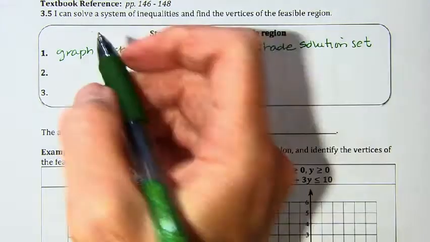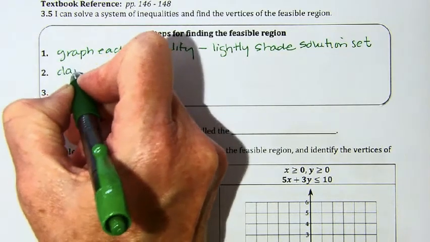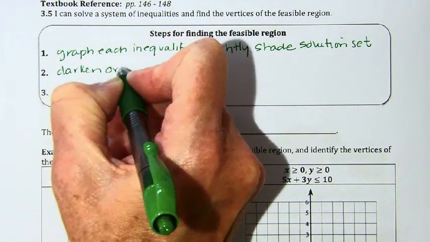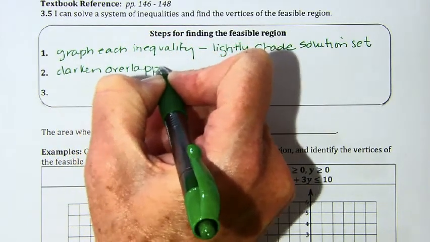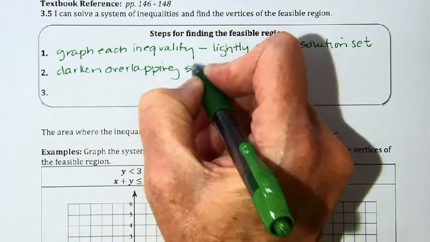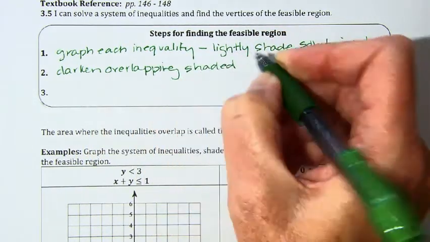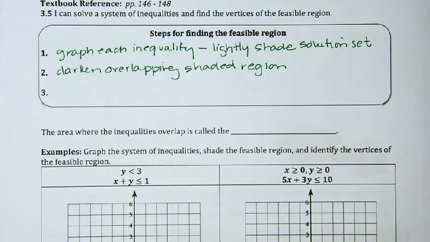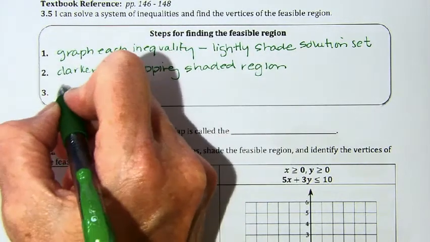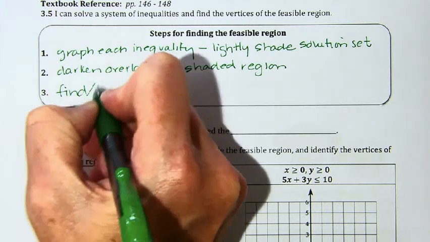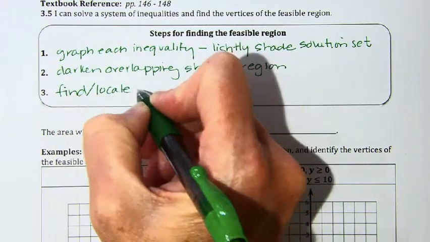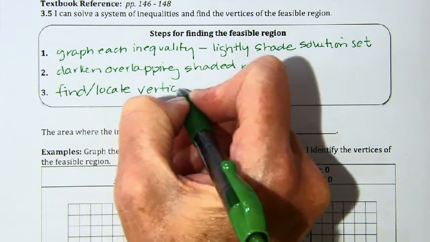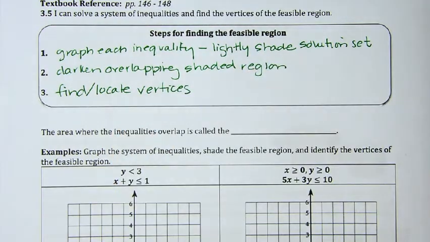Next, darken the overlapping shaded regions, which will show you the feasible region. And last but not least, find or locate the vertices, or the corners of your feasible region.